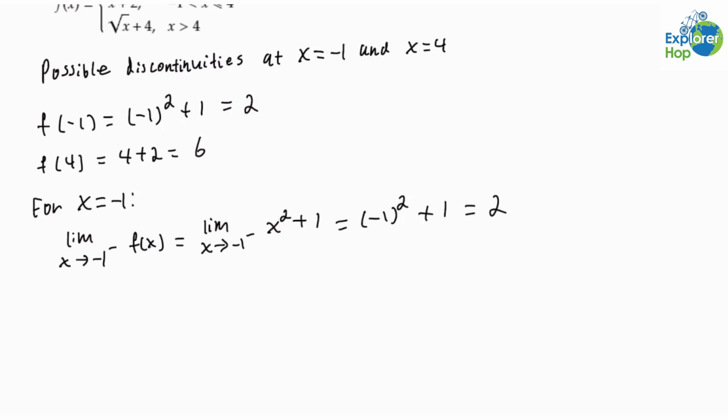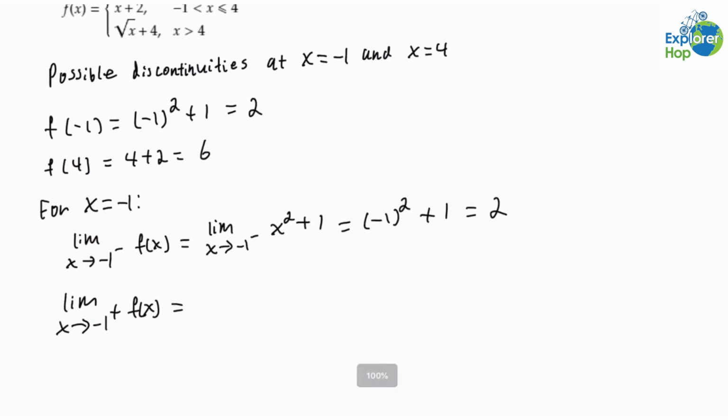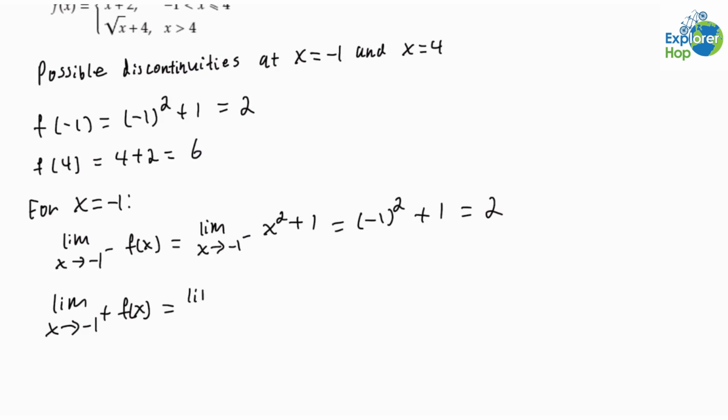And the limit as x approaches negative 1 from the right in the function f of x is equal to the limit as x approaches negative 1 from the right in x plus 2, which is equal to negative 1 plus 2, which is equal to 1.